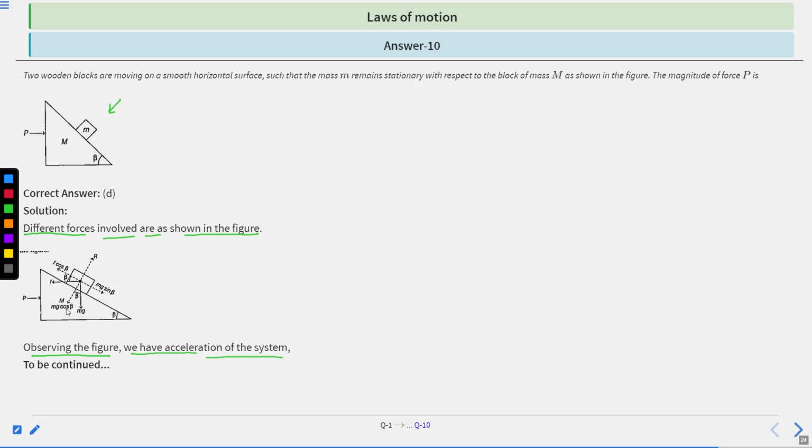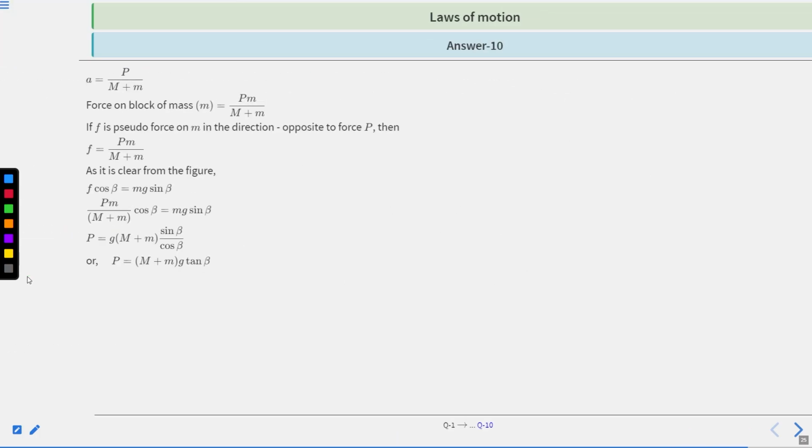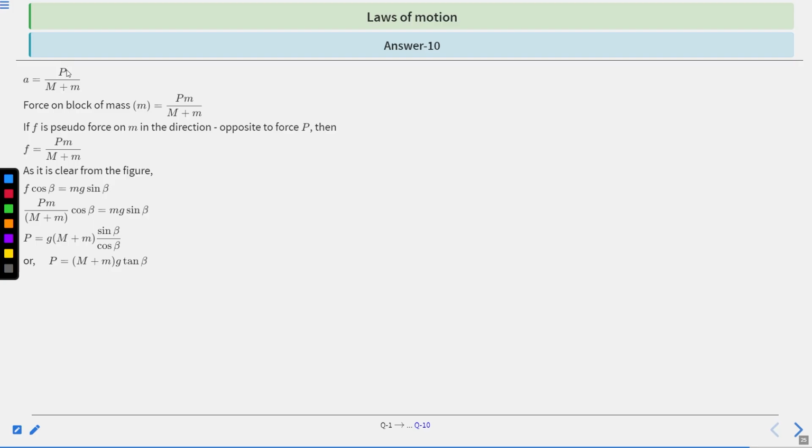When we resolve the components of all forces, the diagram is this. So a equals P upon (m plus m). This is the acceleration, and the force on the block of mass m is equal to Pm upon (m plus m).